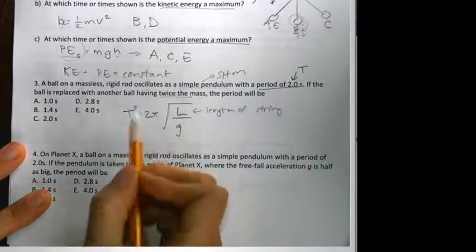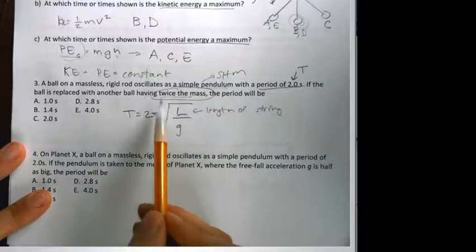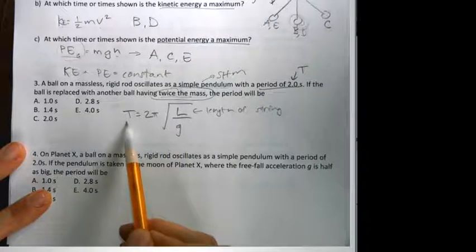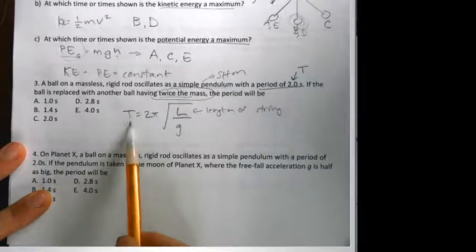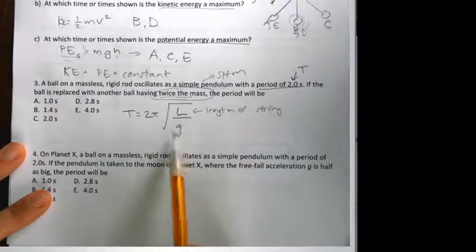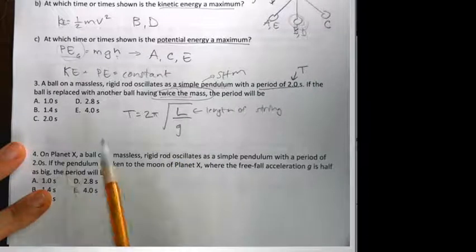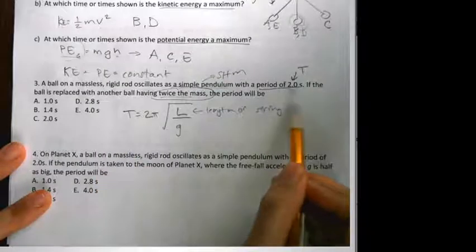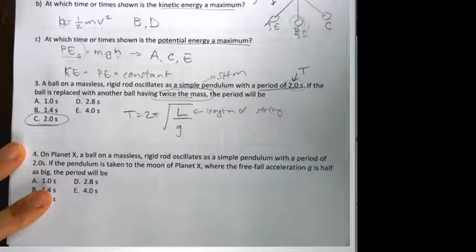So we want to replace the ball with a ball that has twice the mass. There is no m in this equation, so there will be no effect on the period if we change the mass. The only way that we can change the period of an oscillating simple pendulum is by changing the length of the string or bringing our ball to a place where gravity is different, like the moon or Mars. So it started off with T equals 2 seconds. So it ends up with T equals 2 seconds.